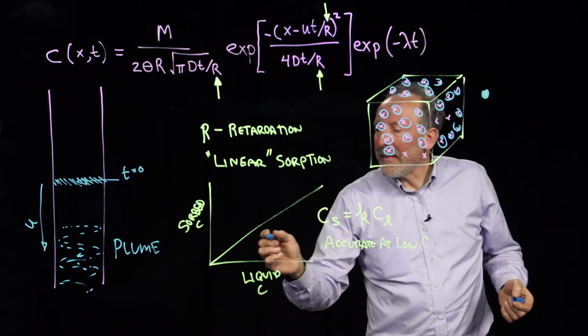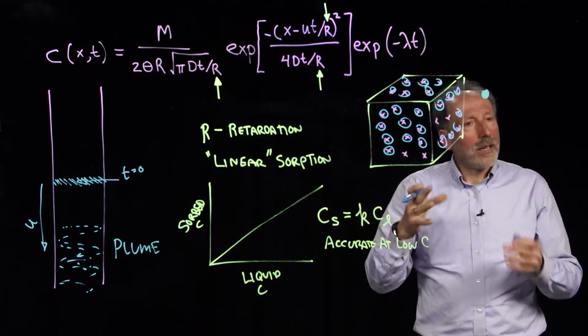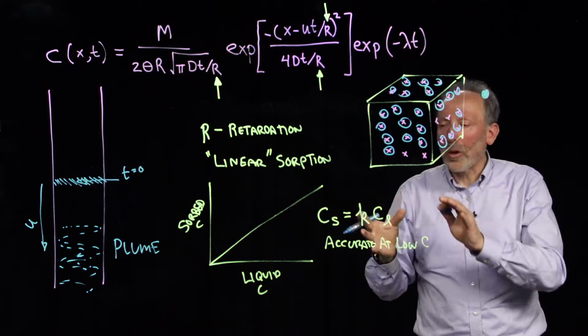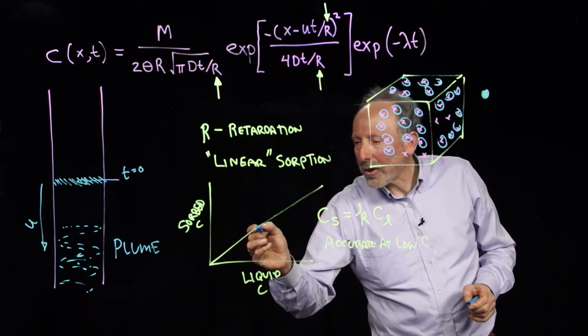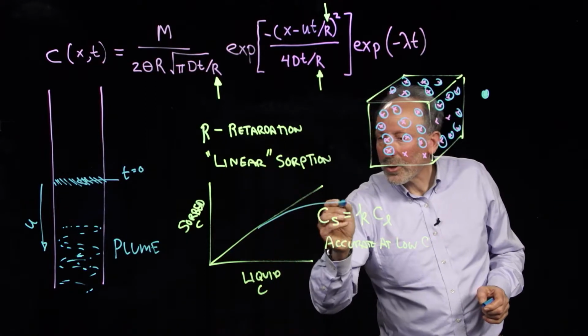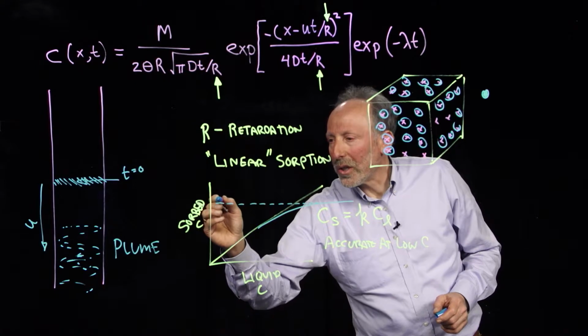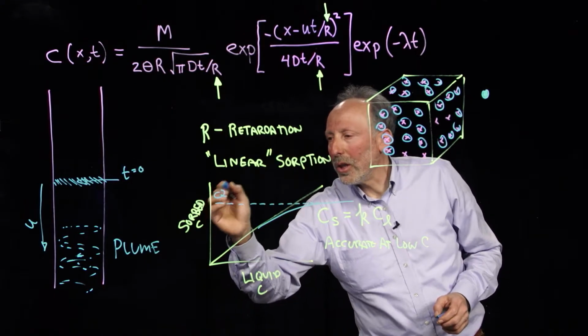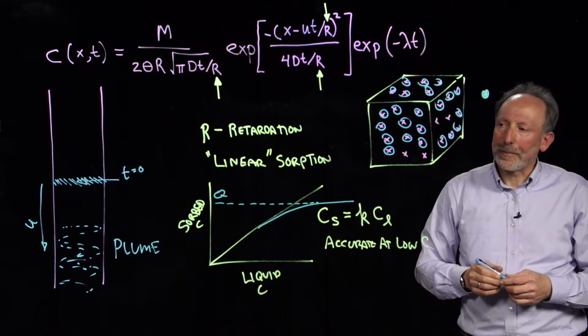So what we see then is that linear sorption, when there's only a few sites, then the probability of new sorption is held constant. But as we get to higher concentration, in fact, this curve goes to a maximum, which is the total, we can use a Q typically, is the total sorption capacity of that material.